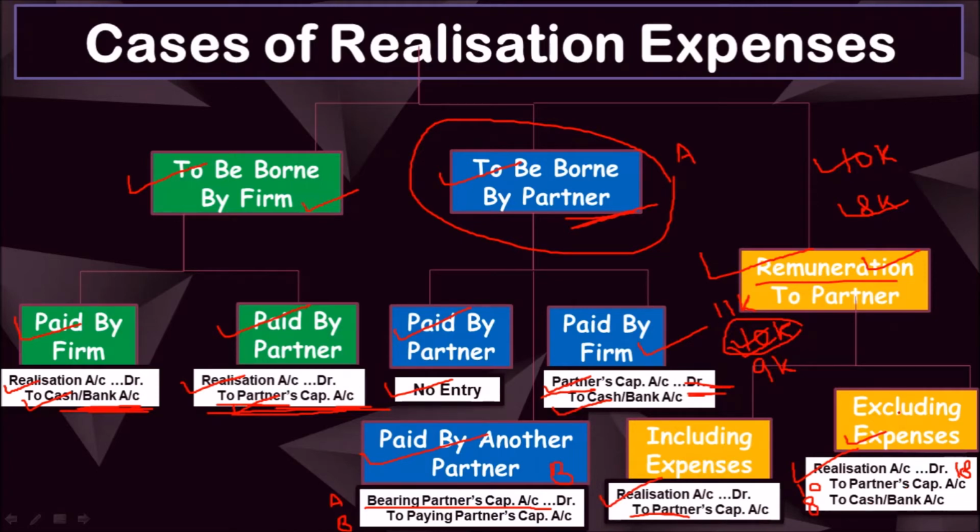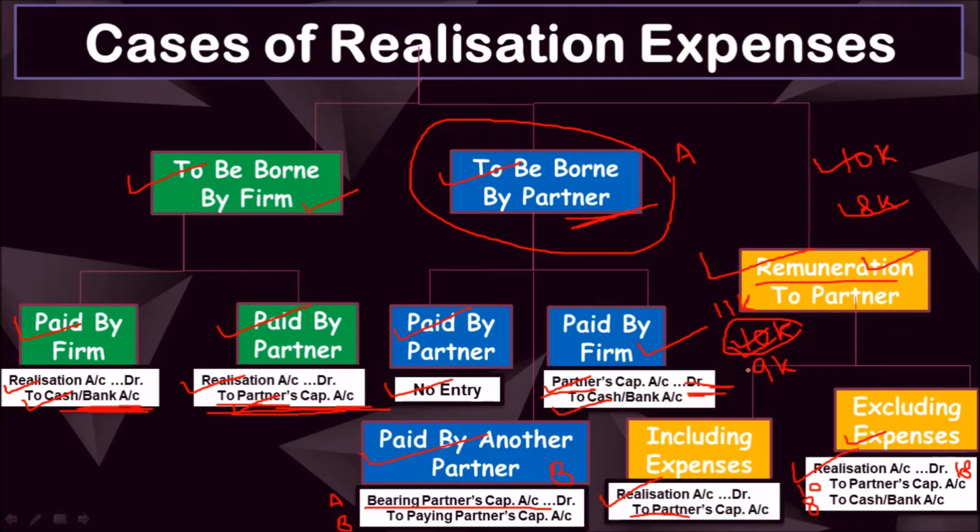Because when the partner is not bearing this amount, that is, it is not included in his remuneration, then who will pay it by default? Obviously the firm will pay. That is why it has been done. Alright friends, so that was about all the cases of realization expenses on the dissolution of a partnership firm. We will understand all these cases better when we attempt a numerical question.